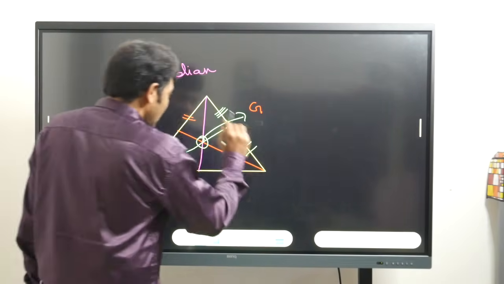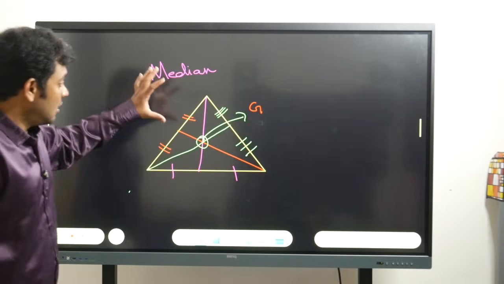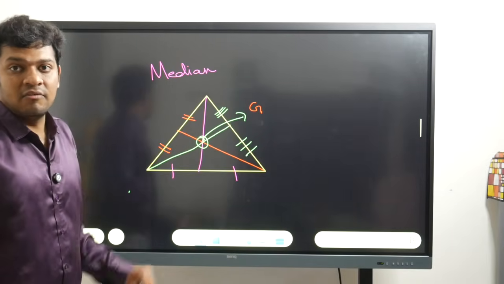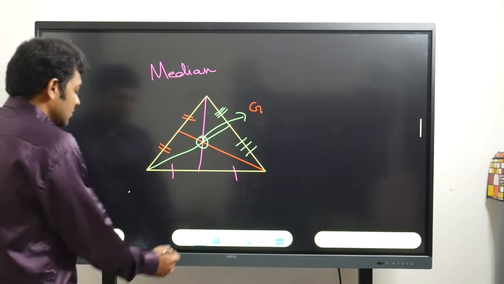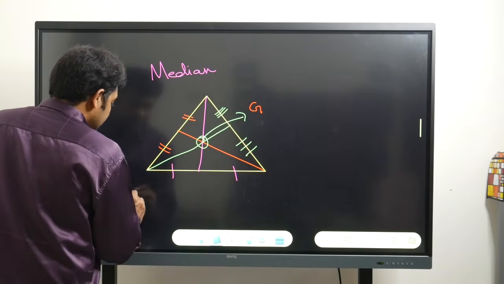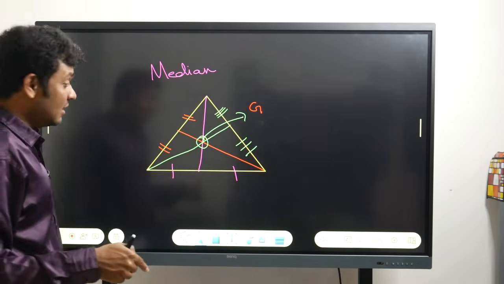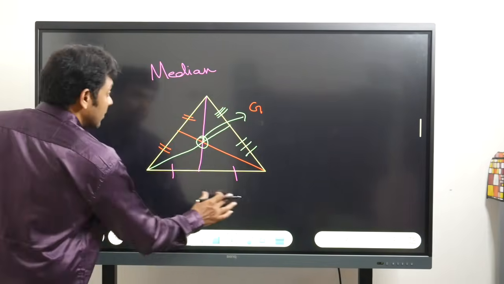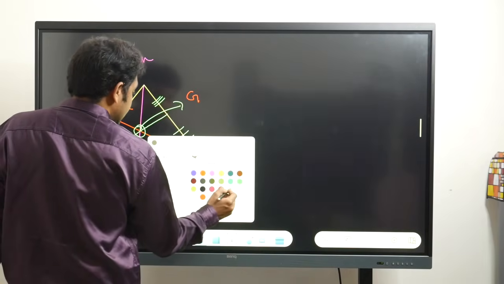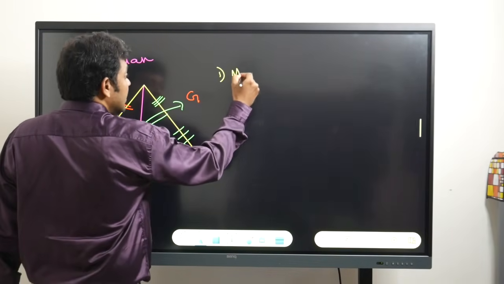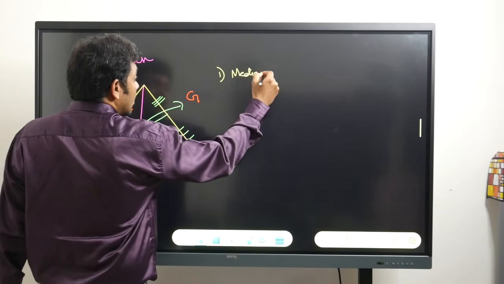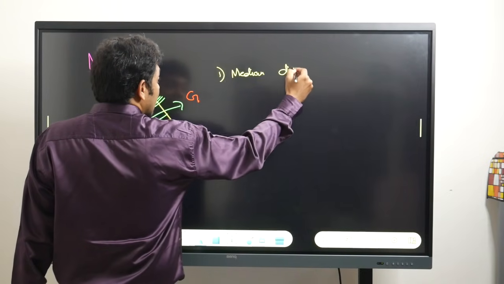Now, there are certain properties related to the median. First, one median divides the triangle into two parts of equal area.